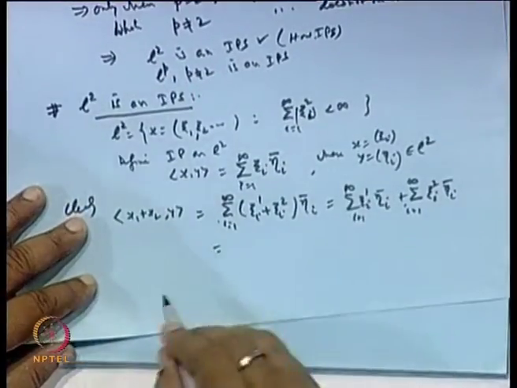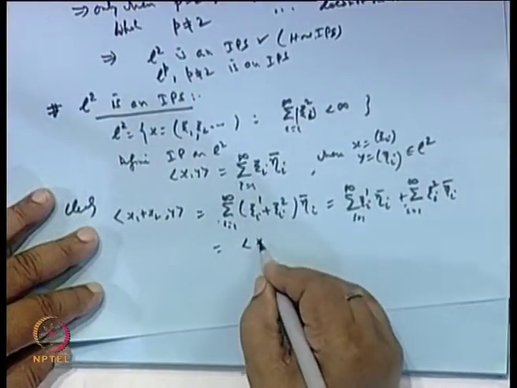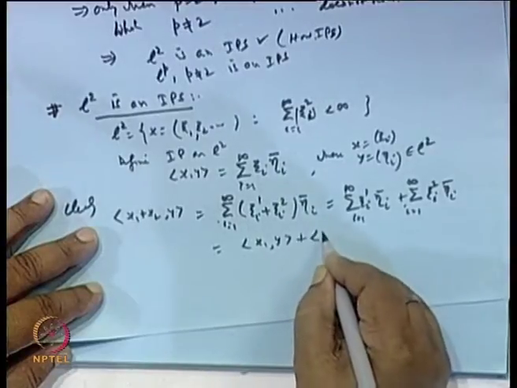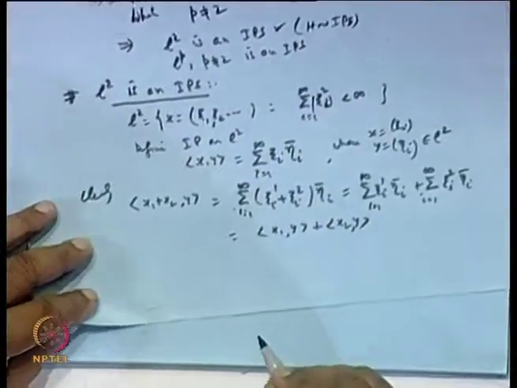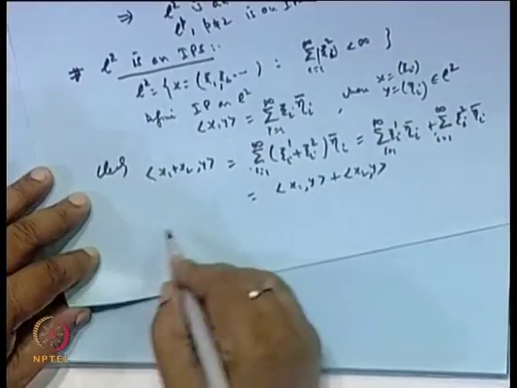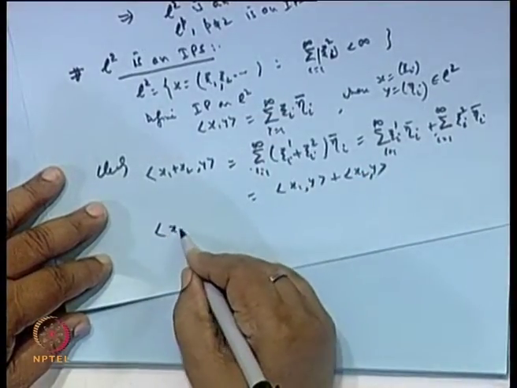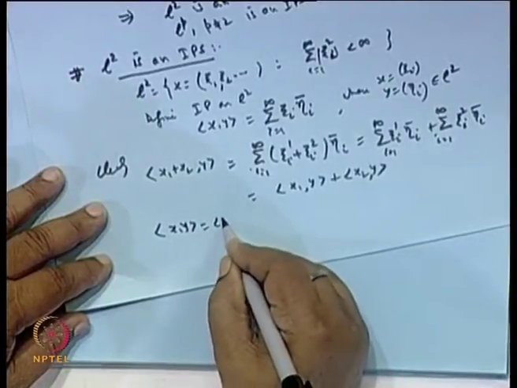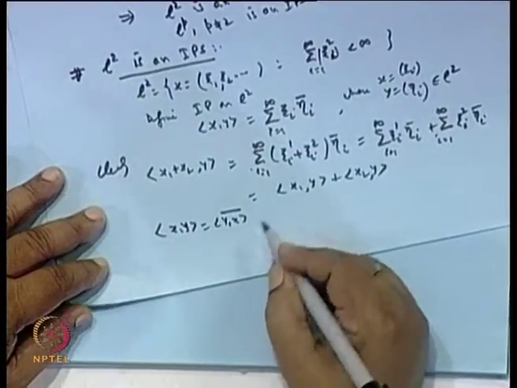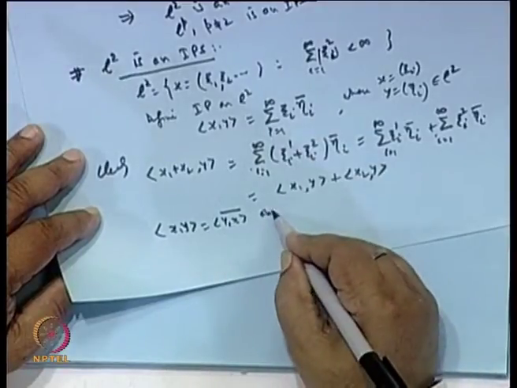So, that will be equal to what? Inner product of x1 with y plus inner product of x2 with y. Similarly, if we take the inner product of x with y, the conjugate property is satisfied, is it not obvious?